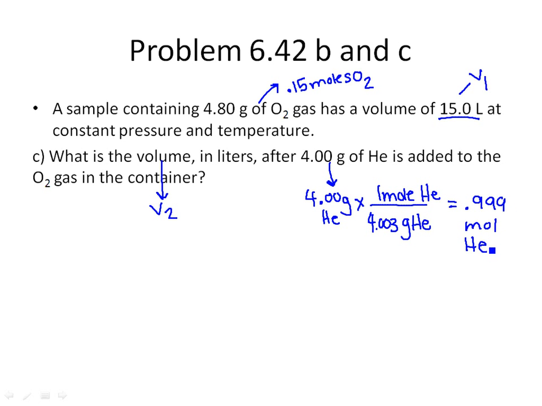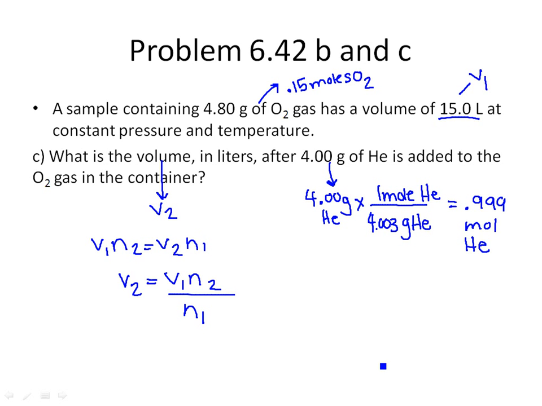We're still using Avogadro's law, so if we rearrange, now we're looking for V2. If we isolate V2 by itself, that should be a 1 there.